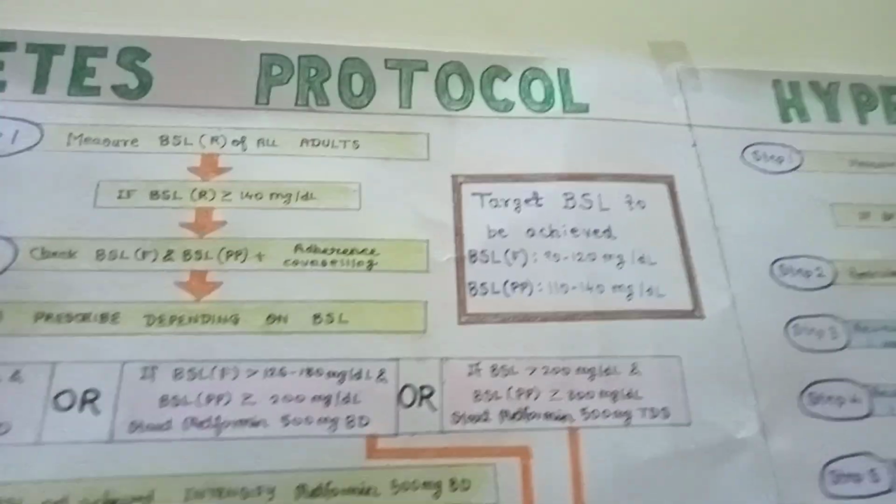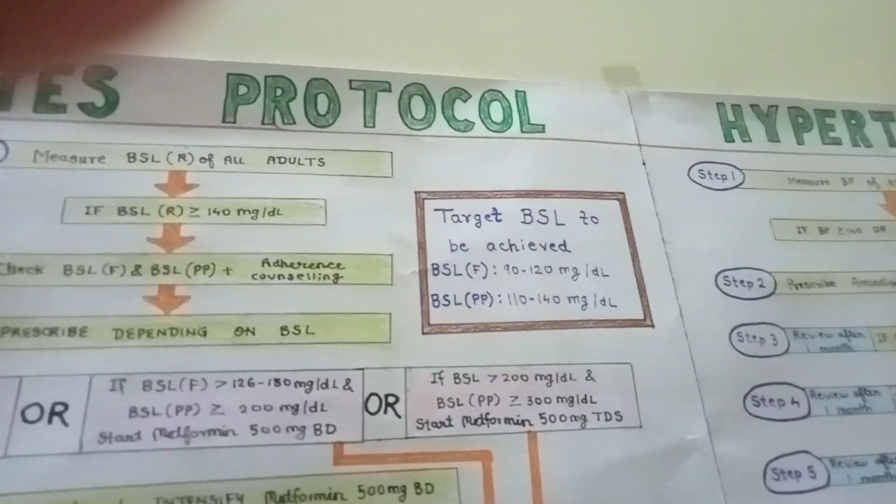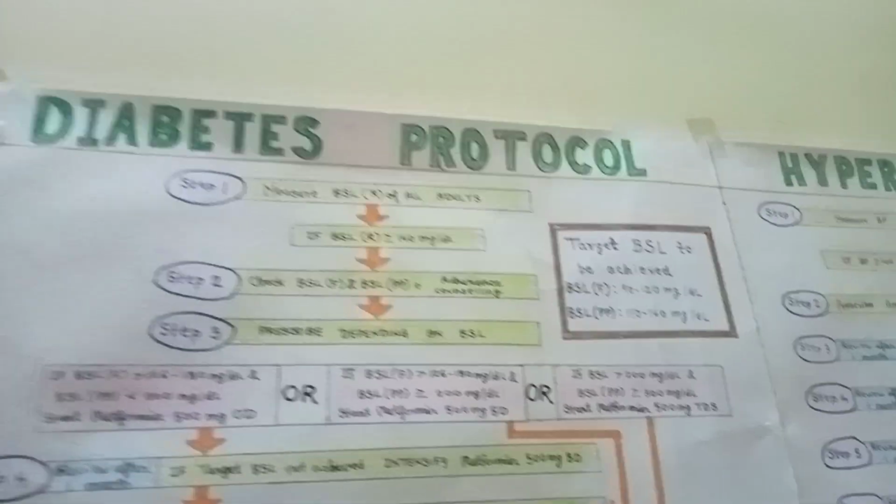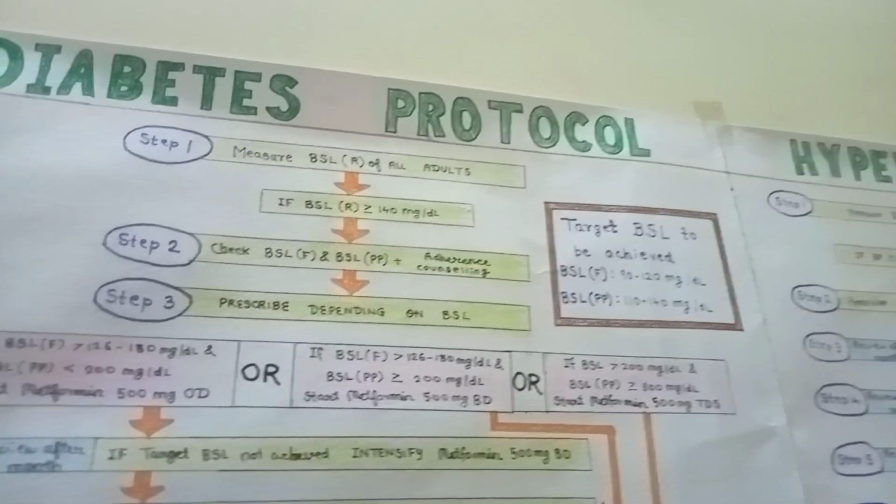This is the normal range. If any of these values is more than that, it is termed as diabetes.